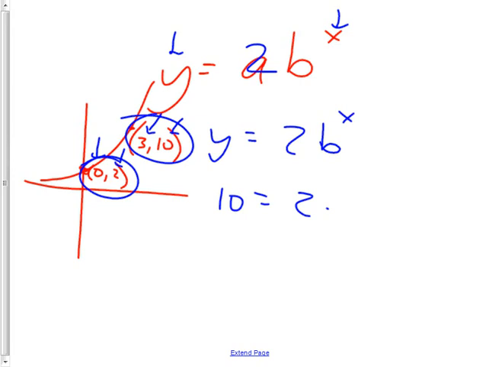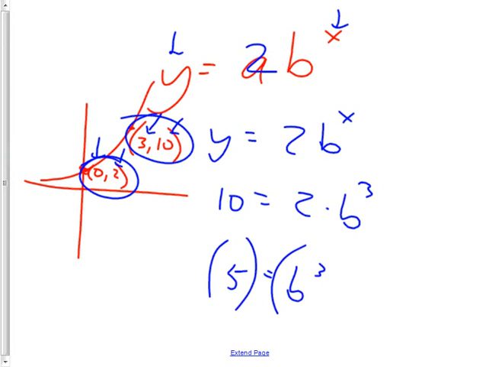No, b isn't 3. X is 3. And then I divide by 2 on both sides. 5 equals b to the x, and then I undo that somehow. How do I get that 3 off of there?